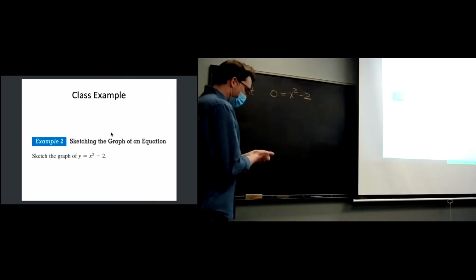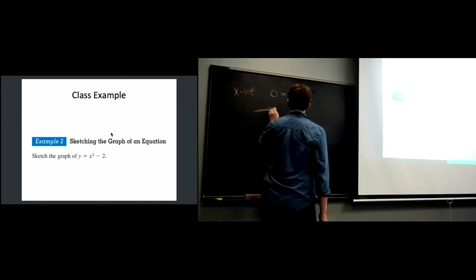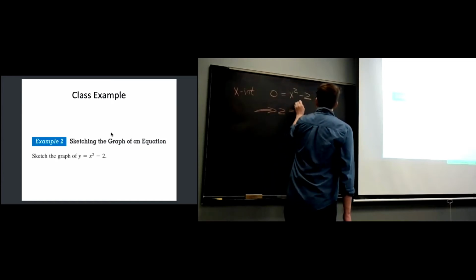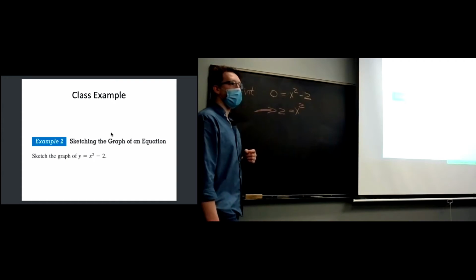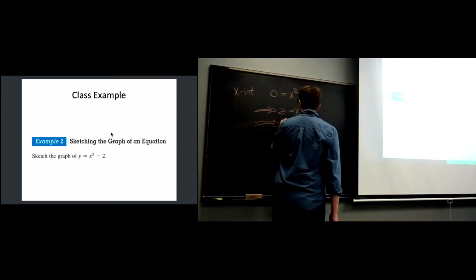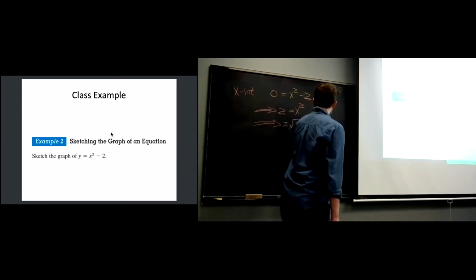Solve for x. We're going to add 2 to both sides to get 2 is equal to x squared. And then we're going to take the square root of both sides, right? We're going to get plus or minus the square root of 2 is equal to x.